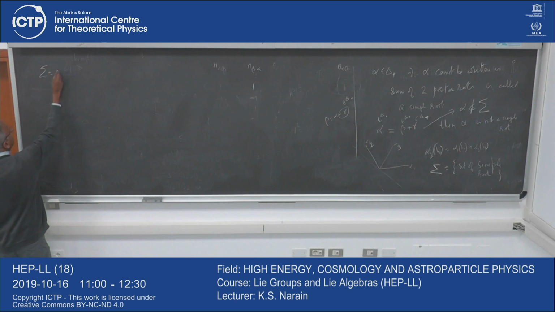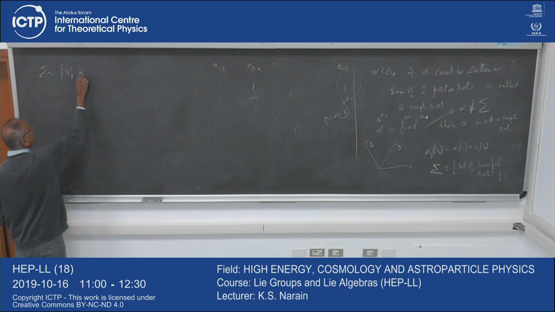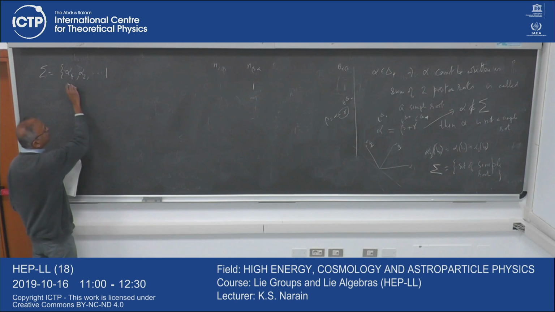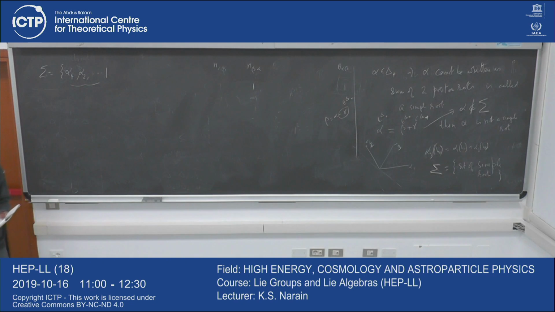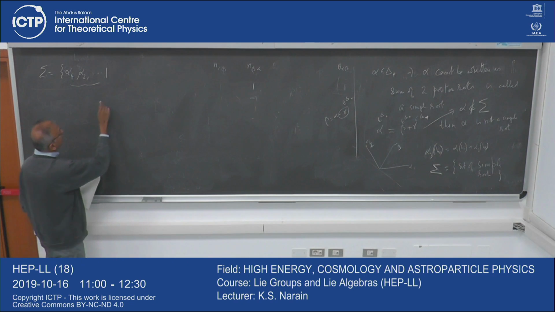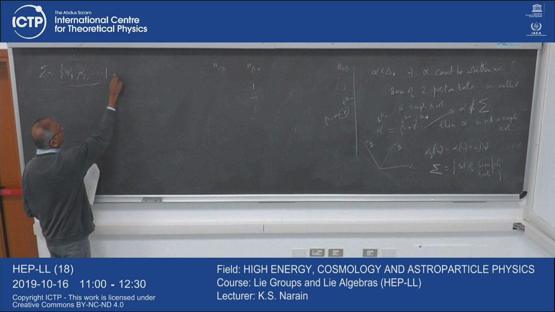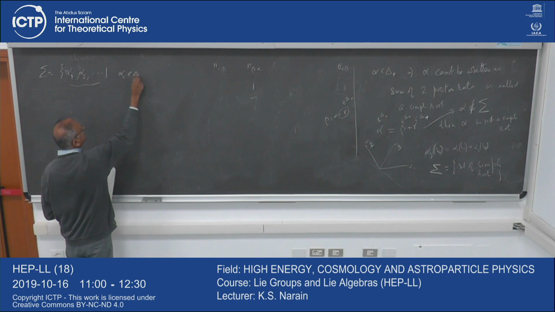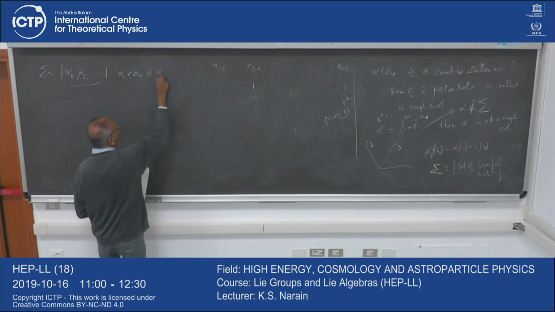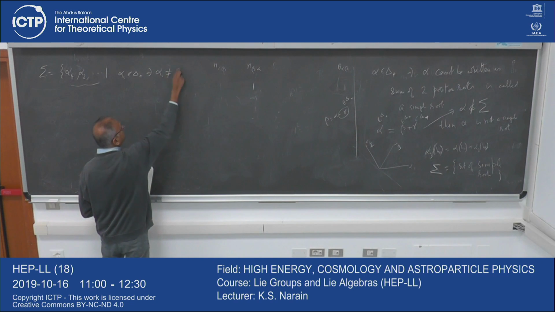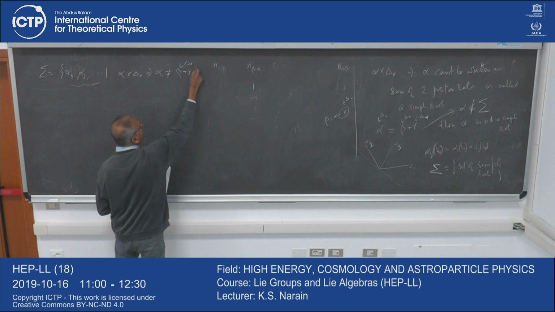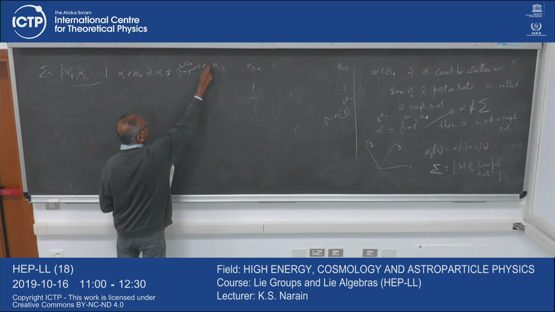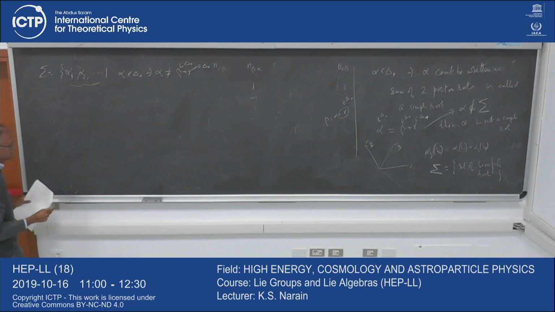I will write them as alpha I: alpha 1, alpha 2, alpha 3. We don't know how many of them there are, but whatever the number, alpha I belongs to delta plus such that alpha I is not equal to some beta plus gamma, where beta and gamma belong to delta plus. You cannot express that. That is the set.